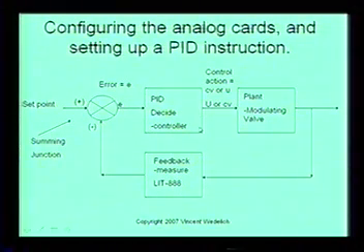So again, let's convert that into our set point, our desired tank level. We have our error, we have the PID controller, and here we have the modulating valve. The control variable is actually controlling the modulating valve, right? Because it's opening and closing the modulating valve. And then it comes around here and goes back to the level indicating transmitter, and then back to your error. So this is your summing junction.